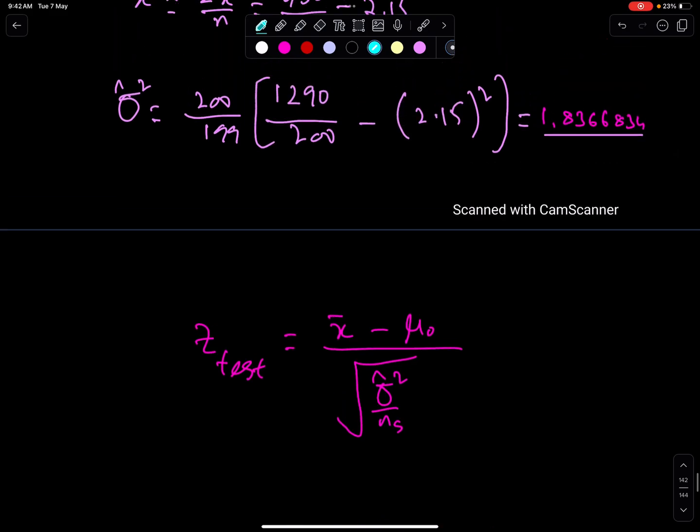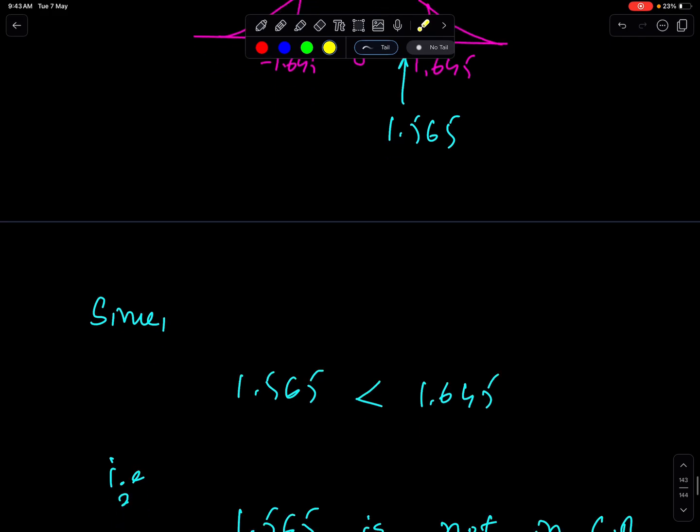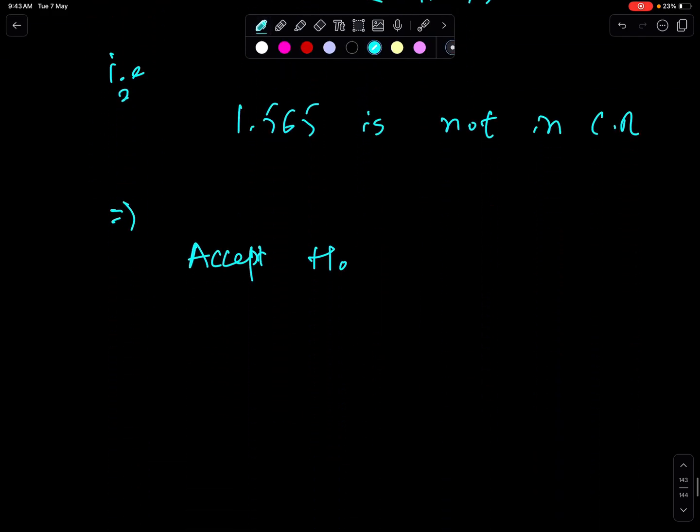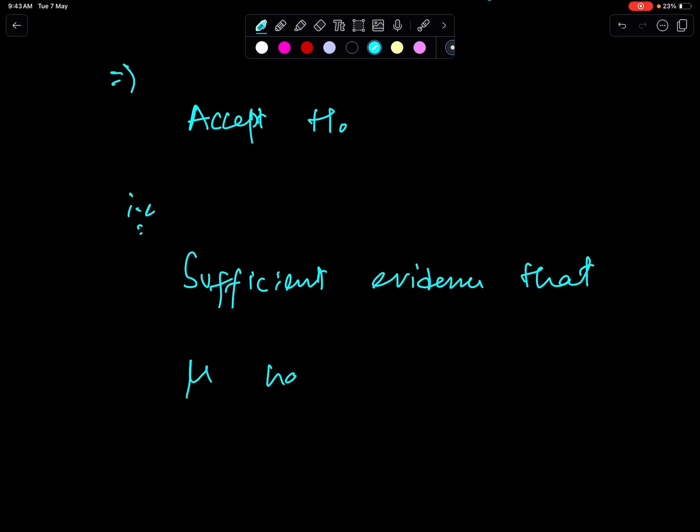And when you are accepting H0, that means you are accepting this fact. I mean, you are saying that there is sufficient evidence that mu has not changed. This is the conclusion, because you accepted H0.